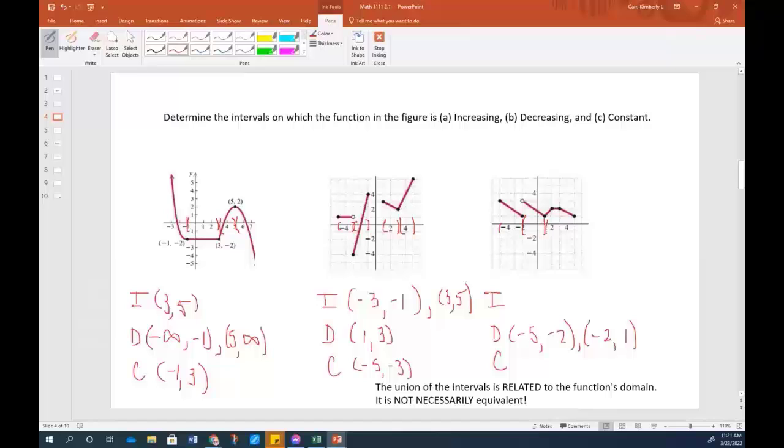Then from 1 to 2, we are increasing. From 2 to 3, we are steady, which is constant. And then from 3 to 5, we are decreasing. All right, so we've talked about increasing, decreasing, and constant.